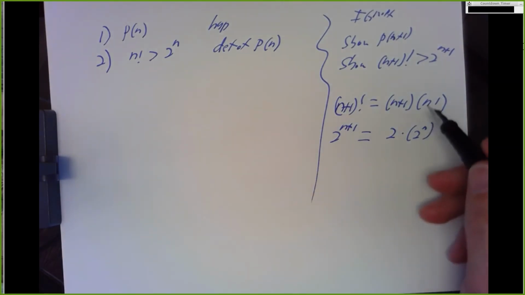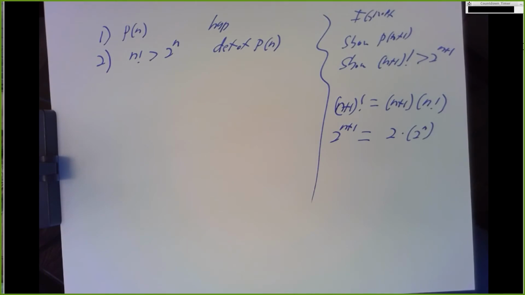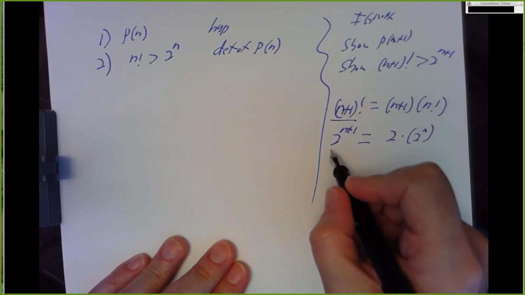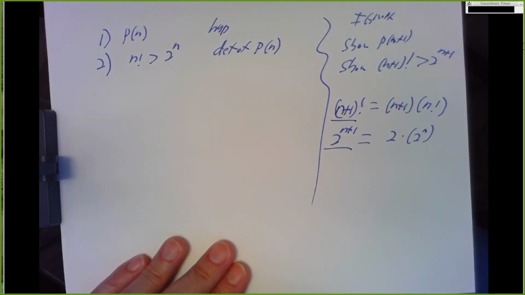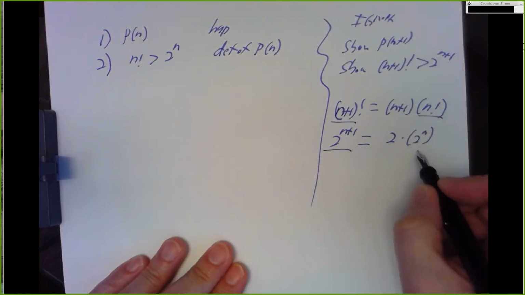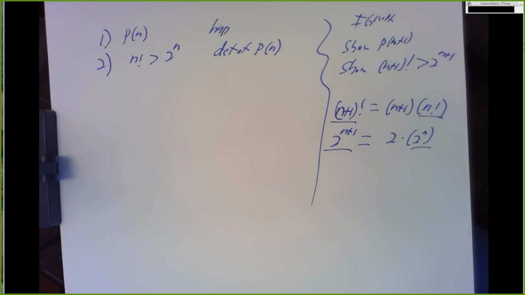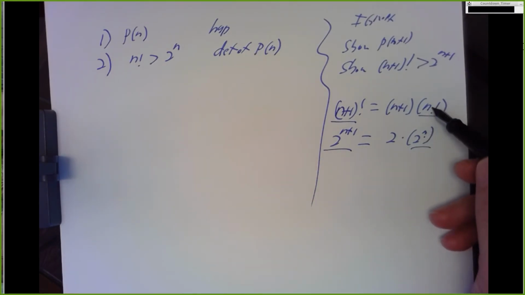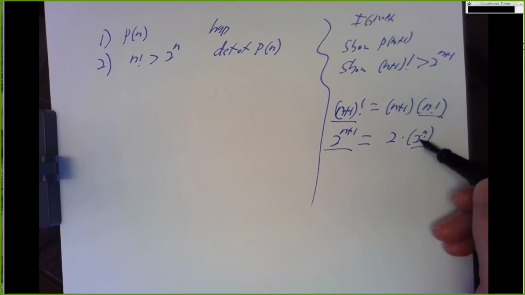But this is a really good pair of observations now, because we're trying to make an observation about how this compares to this. And we know from P of n some fact about how this compares to this. If this is bigger than that, and I multiply both of these by 2, then 2 times this will be bigger than 2 times that.